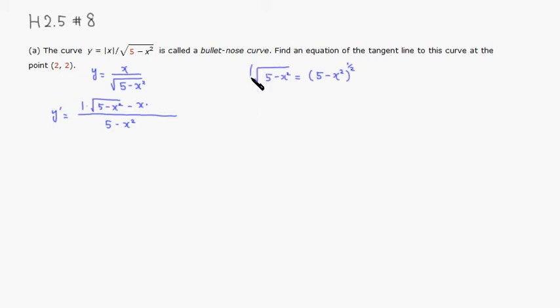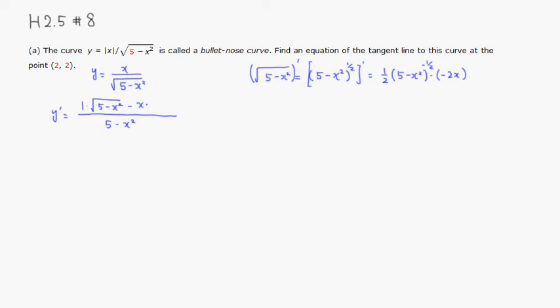Then if you take the derivative of this guy, you put 1/2 in front, keep the same inside function, and subtract 1 from the power, so it's negative 1/2. Multiply by the derivative of the inside function, which is negative 2x.